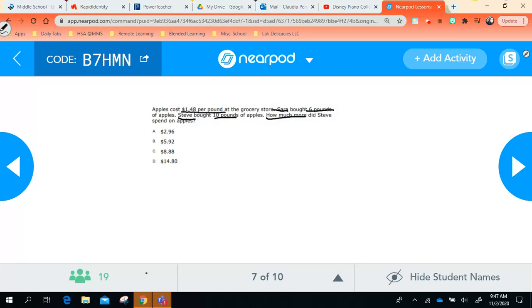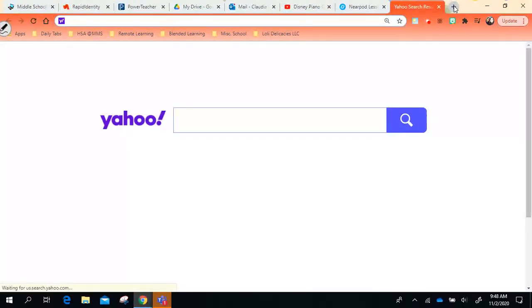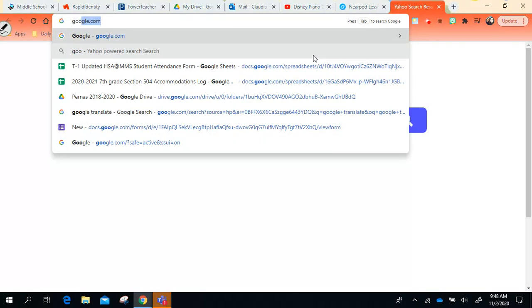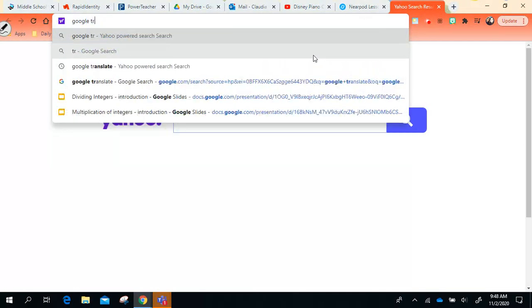Cuando están haciendo sus problemas de trabajo, pueden usar Google Translate. ¿Todos tienen Google Translate ya? ¿Saben cómo llegar? ¿Lo tienen en la computadora? ¿Sí? Bueno, debe ser una de las primeras cosas cuando ustedes llegan que tienen abierto en otro tab. Deben tener su Google Translate listo ahí para ir.